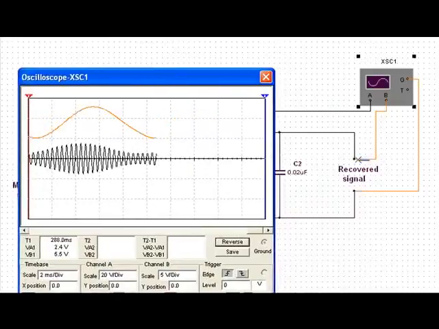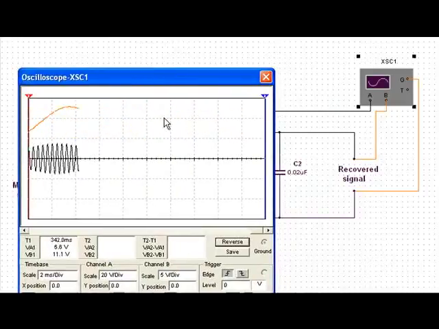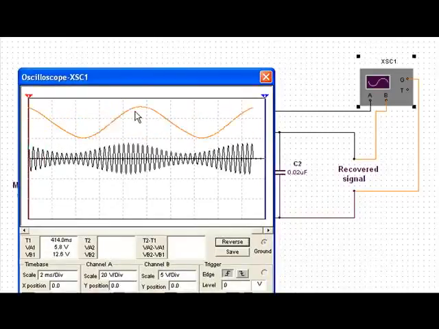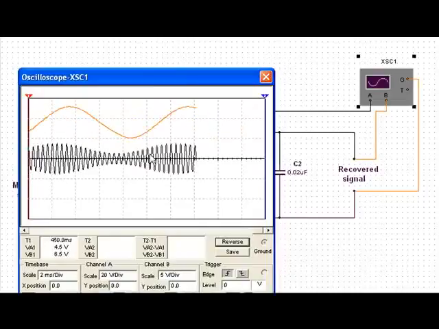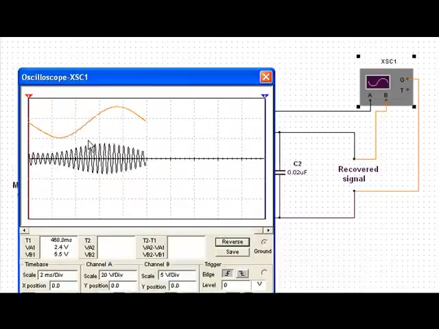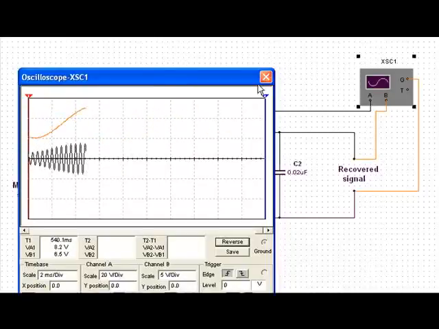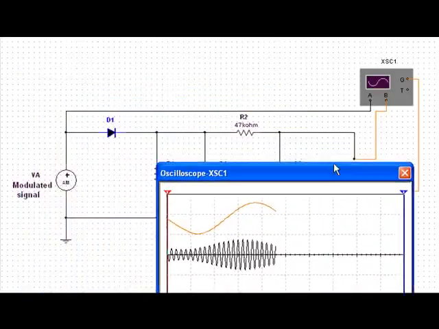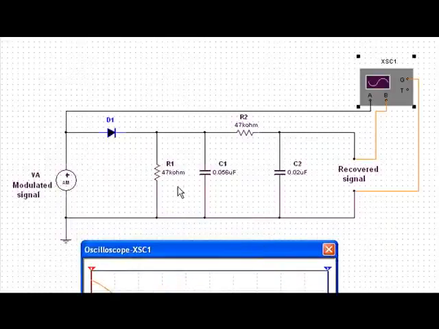And then over here, in orange, this is the recovered signal. You can see that the recovered signal is the same shape as the outside of the AM envelope.